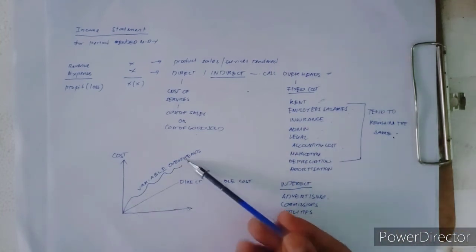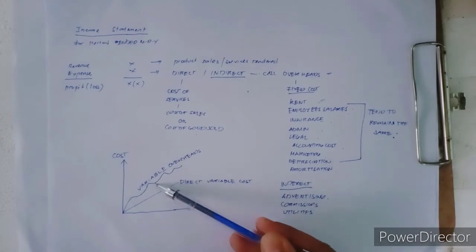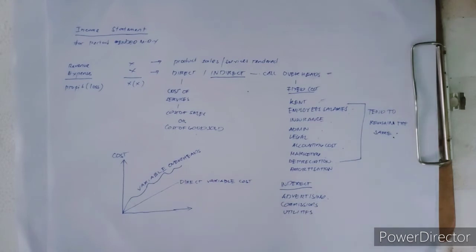Variable overheads can loosely correlate with a business's sales, although they can't be directly traced back to the production of goods or the provision of services.